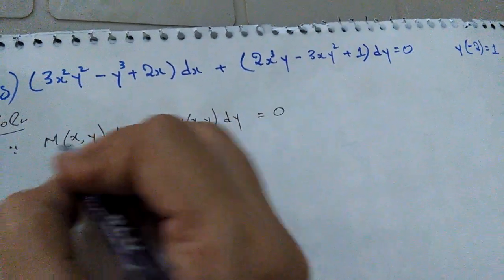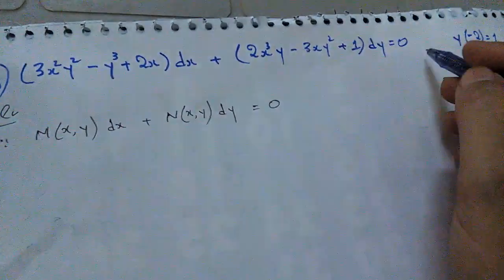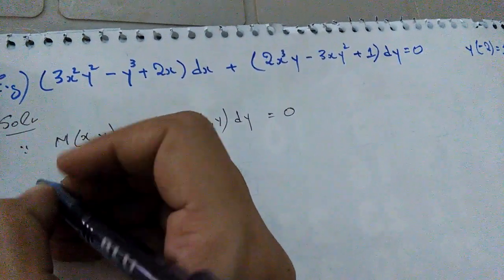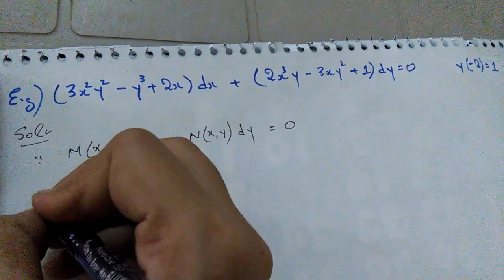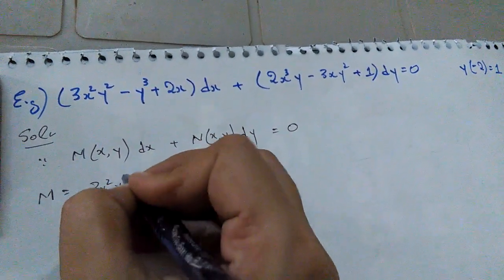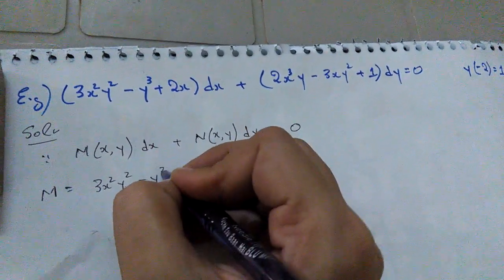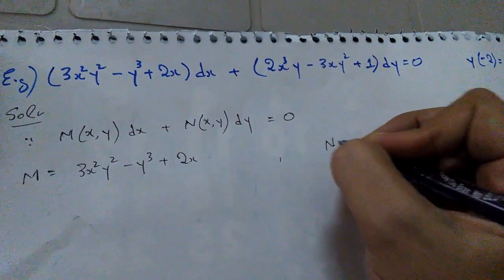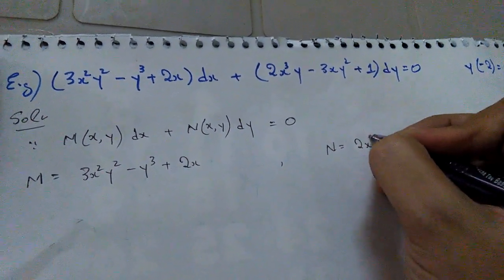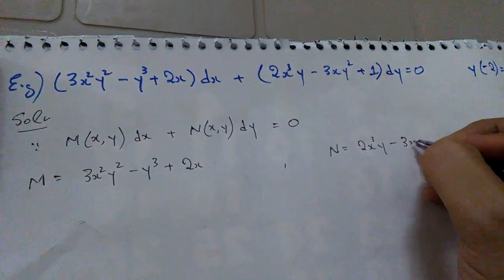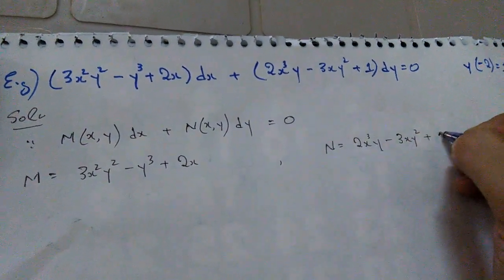If I compare my question with this general form, we say that our m is 3x squared y squared minus y cubed plus 2x, and my n is 2x cubed y minus 3xy squared plus 1.